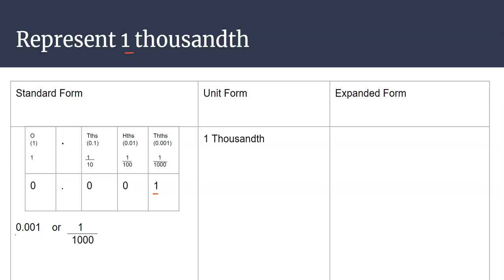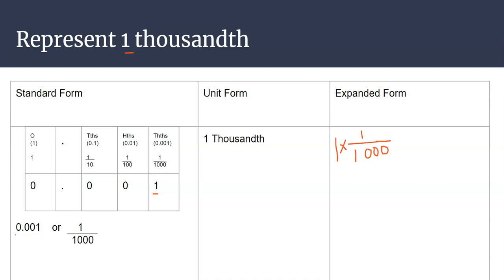Now, in expanded form, we have to show how many copies we have of everything, right? So over here, I have 1 thousandth, right? That's the place value we're looking for. And I have 1 copy of 1 thousandth. So in expanded form, I could write it as 1 times 1 over 1,000.